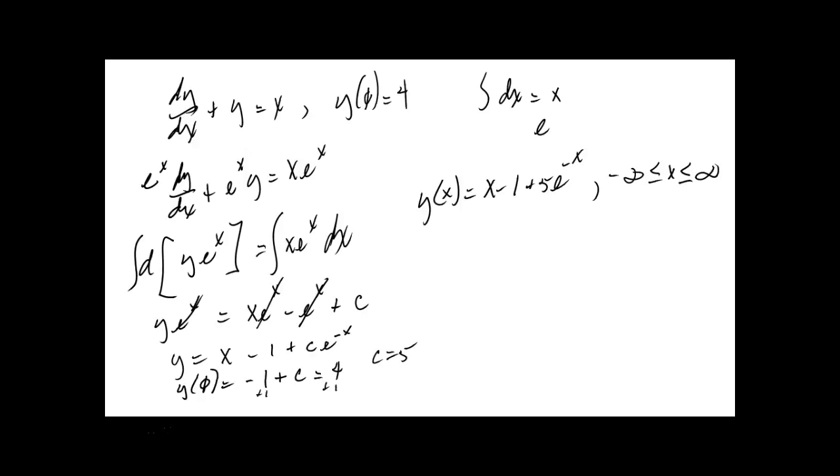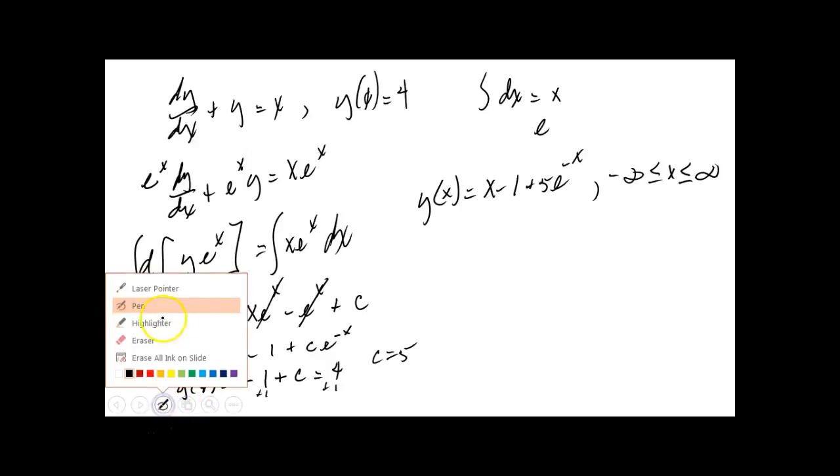Different kind of a problem here. Our f of x is not a continuous function. dy dx plus y, looking good so far, is equal to f of x, looking good so far. Initial value, y of 0 is equal to 0.